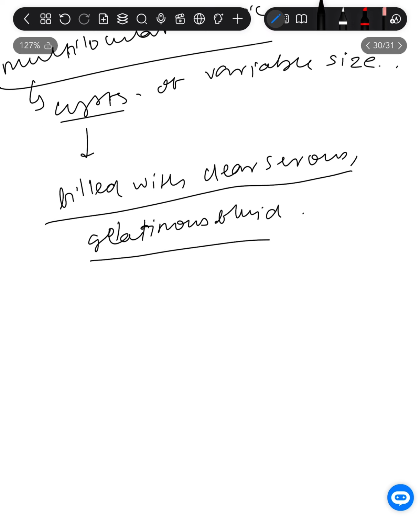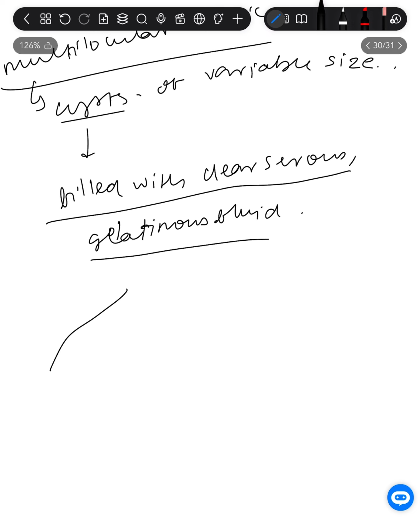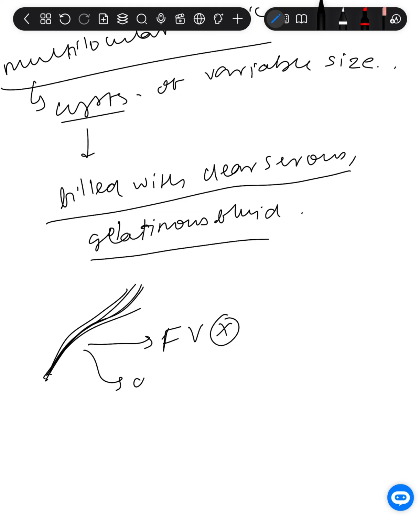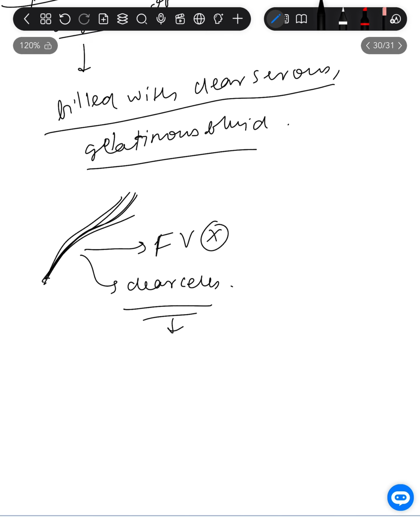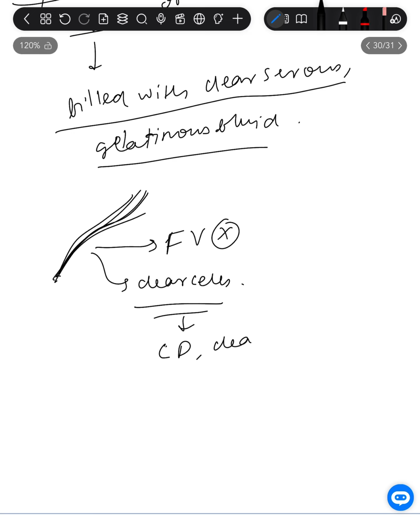Then these cysts are separated by septa. It is not fibrovascular, but the septa is composed of clear cells, similar to the cells we see in collecting duct and also in clear cell carcinoma.